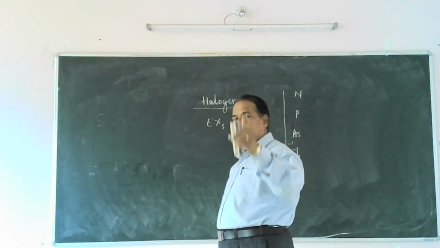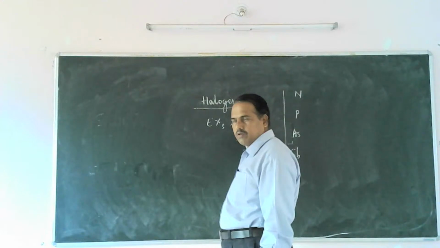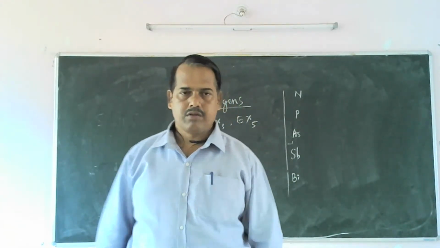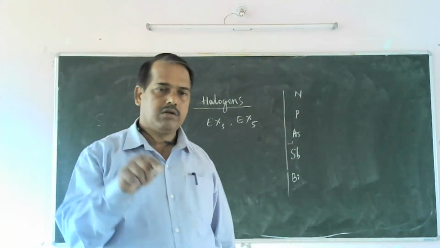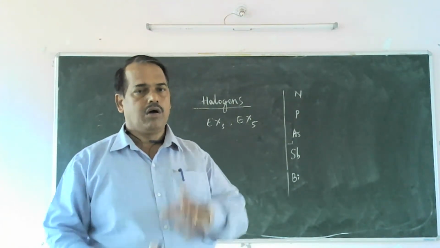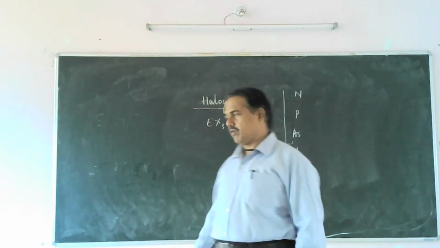Again, it forms two types of halides, where X is a halogen, it may be fluorine, chlorine, bromine, iodine.